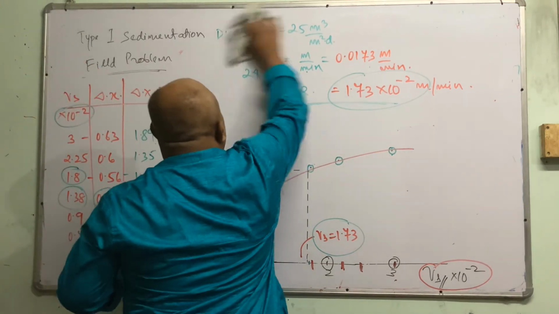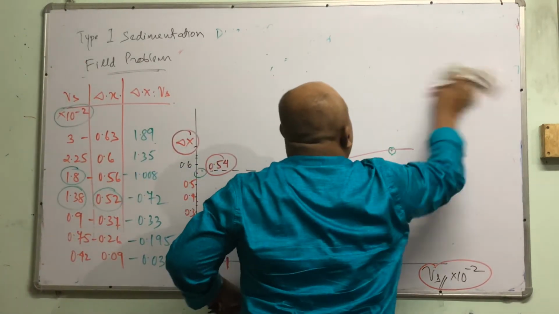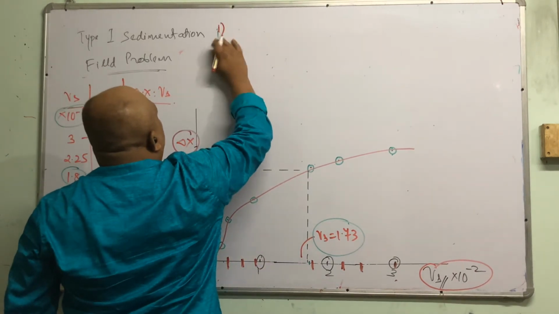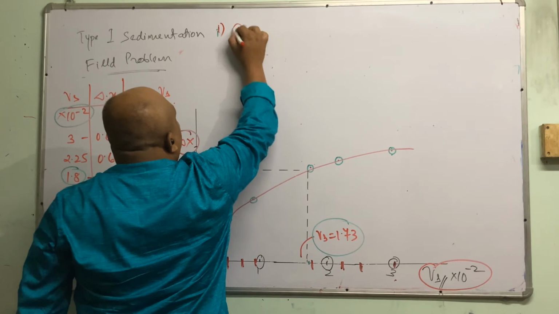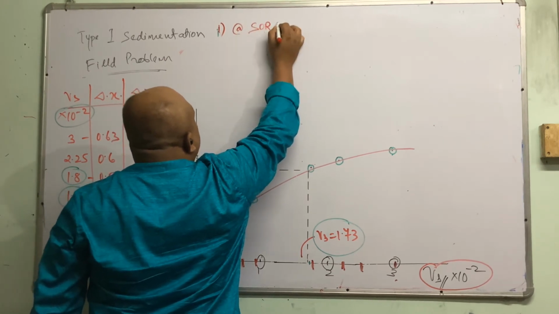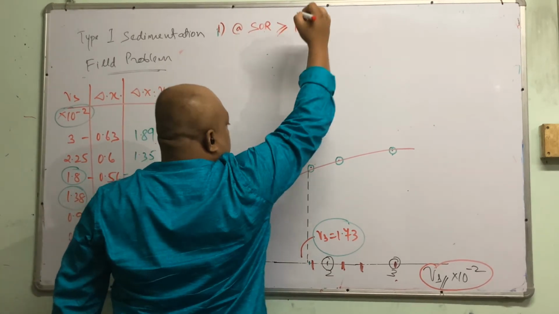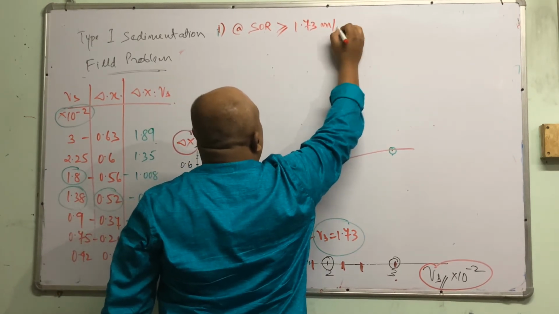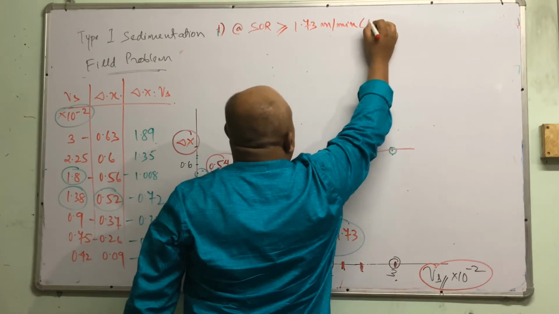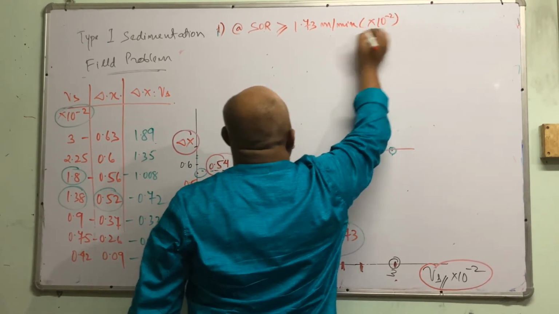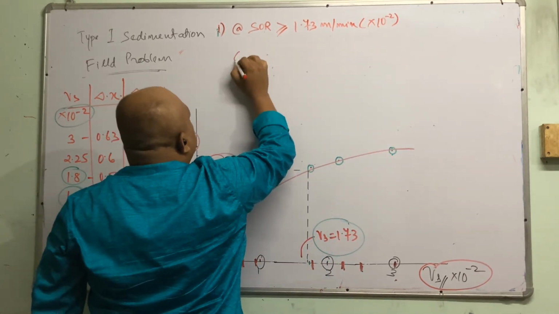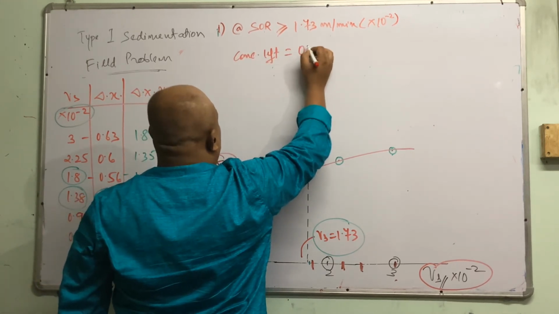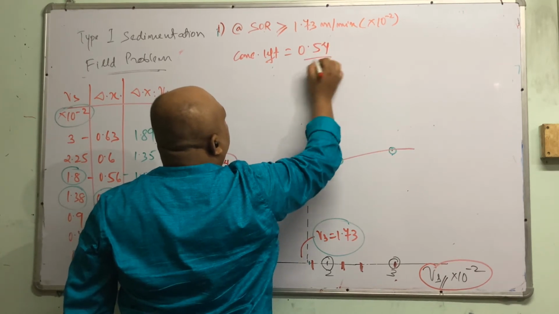Now let me do the calculation. Number one, at SOR greater than or equal to 1.73 meter per minute into 10 to the minus 2, the concentration left is equal to 0.54.